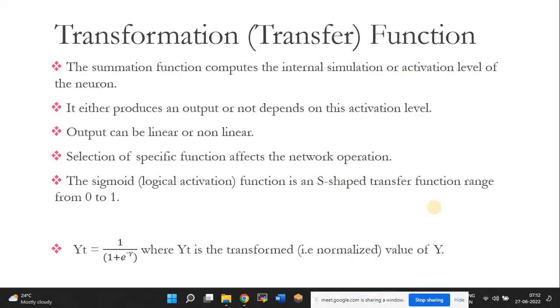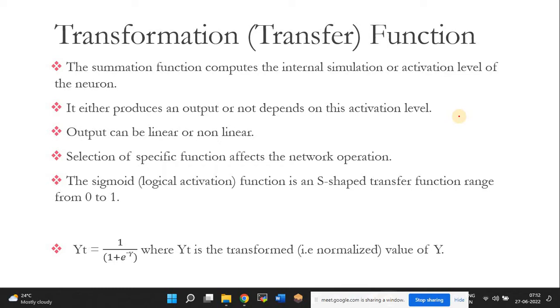Now the transformation function, this is one thing which I kind of explained, wherein beta is equal to the sigmoid function, 1 by 1 plus e to the power of minus alpha or yt, and this is the normalized function.